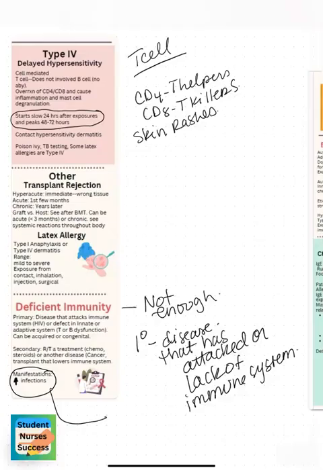Acquired means it's something that you acquired or got. HIV is a good example of an acquired primary deficiency. HIV will attack your CD4 cells and kill them off.